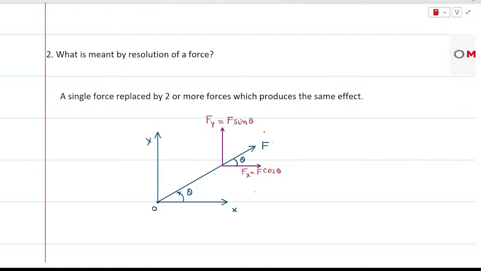It could be the same way. The force could also be resolved in 3-dimensional space, and that is the extension of the resolution, where the problem is going to have more complexity. So at this level, we will try to only understand the resolution of force in the xy plane.